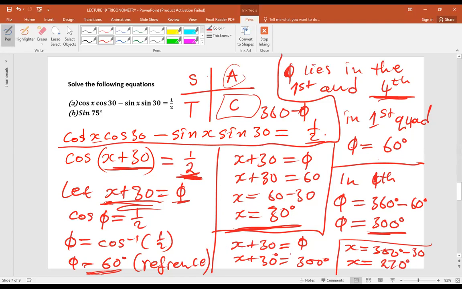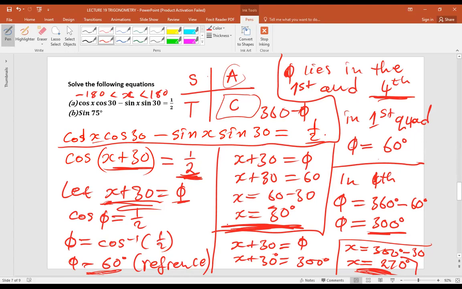So the values of x that they wanted us to find are x is equal to 30 and x is equal to 270. But if they have given the domain, say x ranging from negative 180 to 180, it means that 270 will be disqualified because it's not in the domain that has been given.